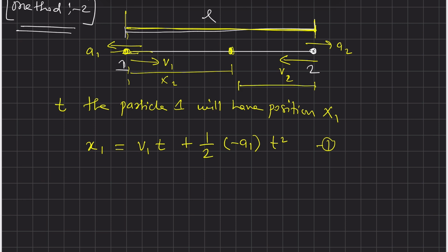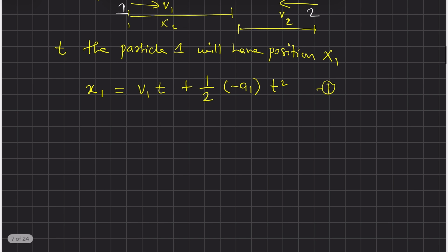I hope this is okay. So x2 will be the position of the second particle, it is going to be v2 into t. Of course, its direction will be opposite, so let's put minus v2 into t.